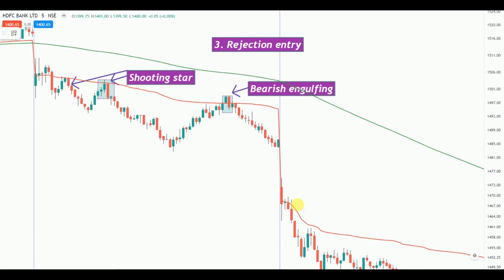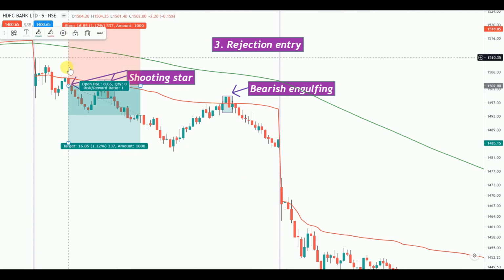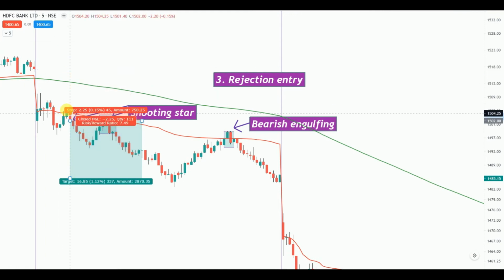So our entry could have been at the low of this candle, and stop loss will be the high of the shooting star or the previous swing, and our risk to reward can be managed as 1:5 or 1:3.